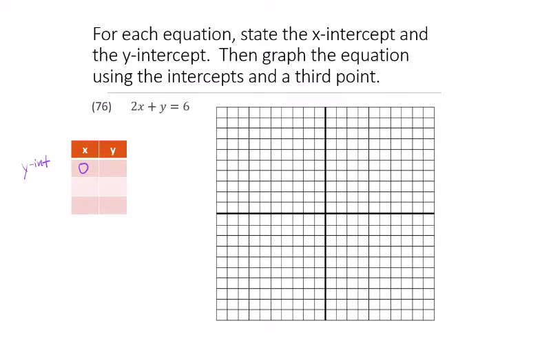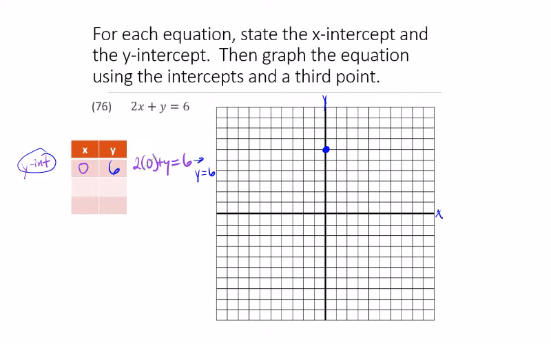If I plug 0 in for x, I get 2 times 0 plus y equals 6. 2 times 0 is 0, and so all we get is y equals 6. So 0 comma 6. This is the y-axis, this is the x-axis. So 0 comma 6: 1, 2, 3, 4, 5, 6. It's going to be right there. That's the y-intercept.